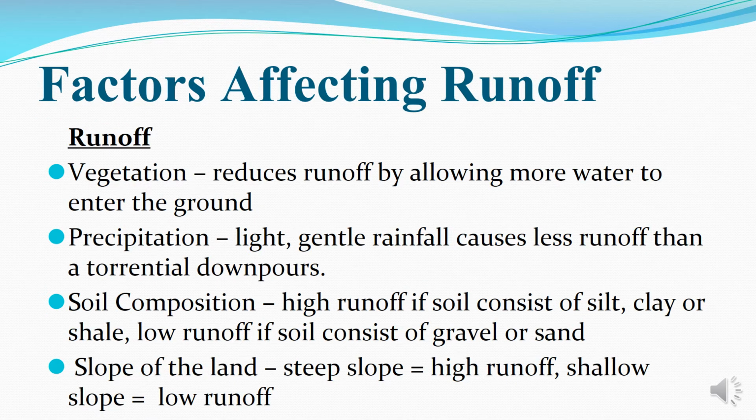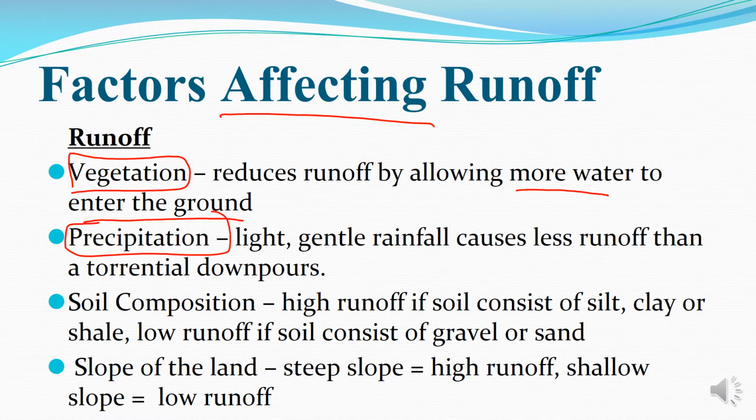So, factors that affect runoff. One of the biggest factors is the vegetation. Vegetation reduces runoff by allowing more water to enter the ground. The more stuff we have planted, the more water enters the ground because it doesn't have a place to flow. Precipitation: light, gentle rainfalls cause less runoff.